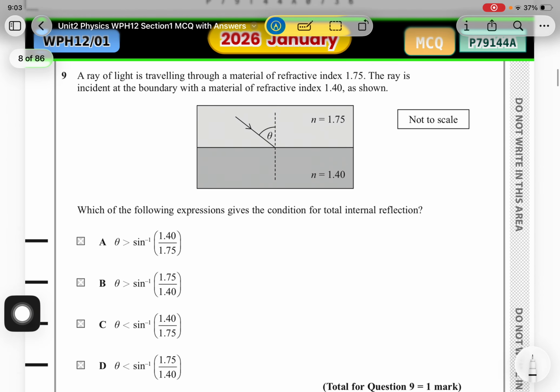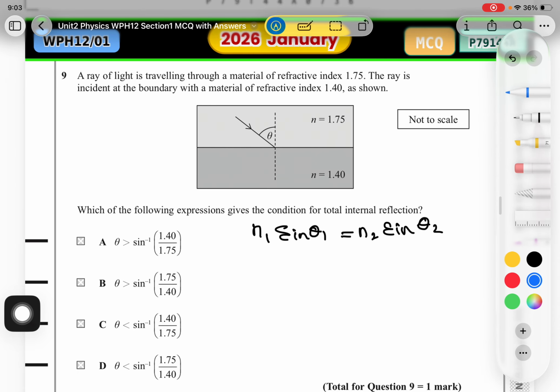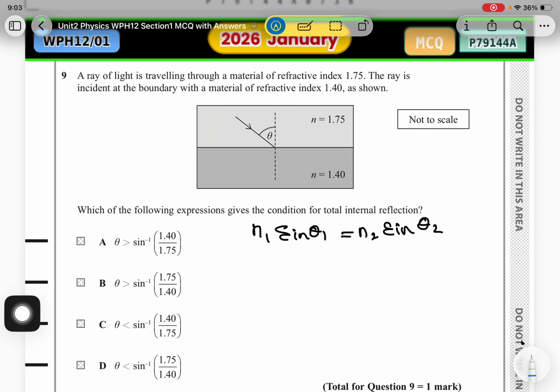Okay, now let's go to question number 9. In question number 9, they're talking about reflections. If it is refraction, we know we can use n1 sine theta 1 equals n2 sine theta 2. I'll take a different color so that it will be cleaner. We know this angle is the refraction angle. But they are talking about a condition for total internal reflection.